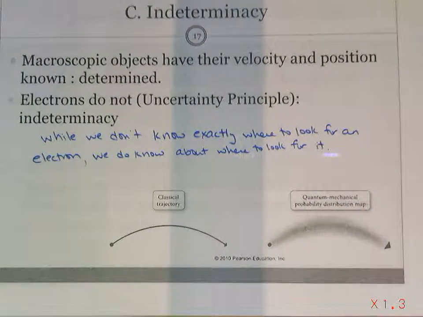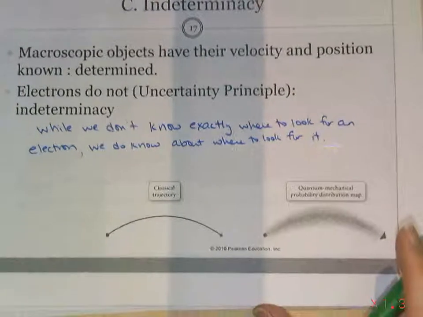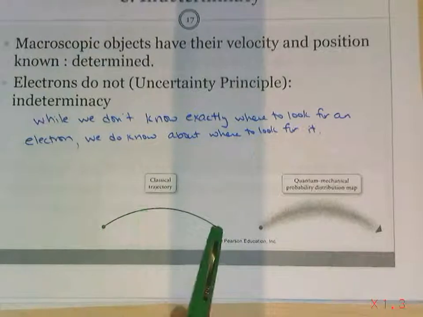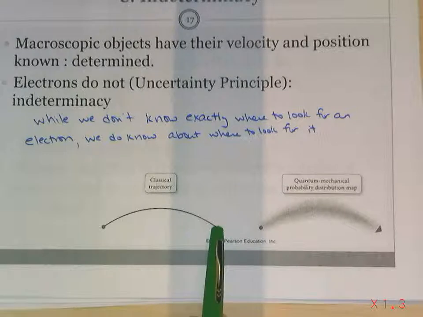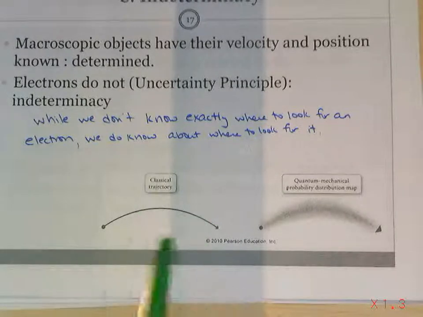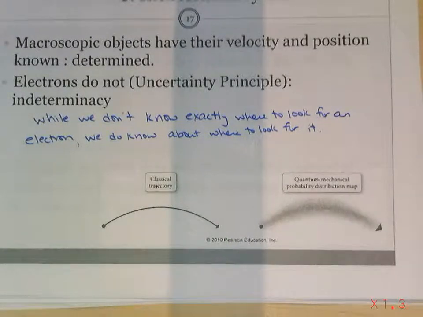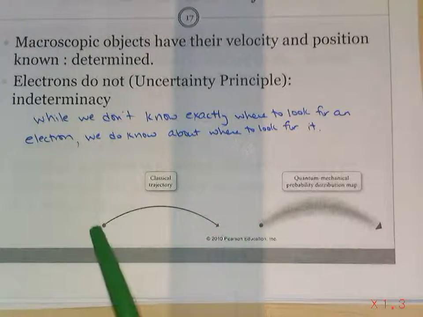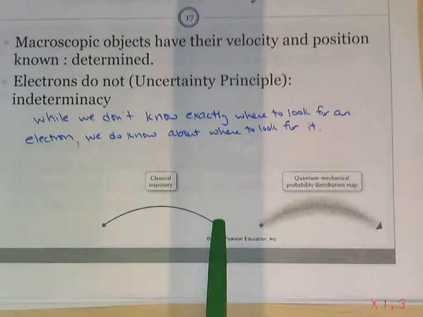That's what this picture down here is trying to show. If you threw an electron, based on regular physics, we can predict where it's going to land. It has so much up, and then gravity pulls on it, and then it comes back down. You can kind of predict where it's going to land. Indeterminacy says we don't know exactly how fast it's going, but we can make a good guess it's going to follow about the same path.